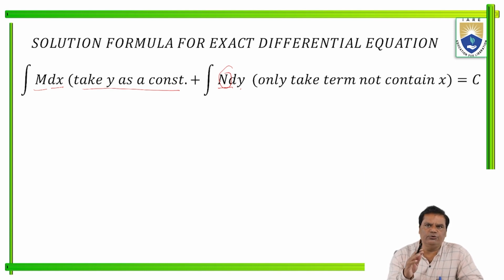We are taking only those terms where there is a single variable y in N, then we can consider it. Otherwise, not. If all terms in N are mixing x and y, not separately y, then we take N equal to 0 here. Okay, so this is the procedure here.